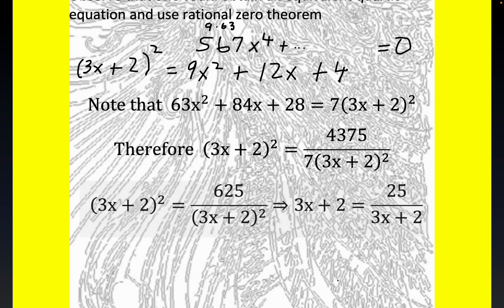I won't show every last step of the algebra here, but if you find a common denominator, you end up with 9x squared plus 12x. Again, what I'm doing, I'm just bringing this term to the other side, finding a common denominator, and leaving out one step here.